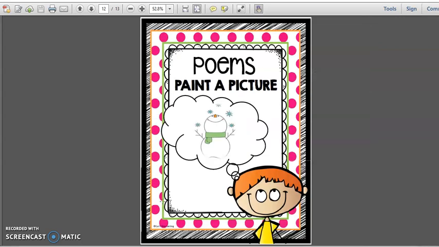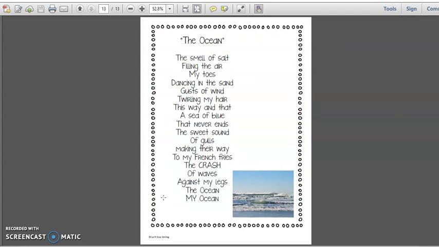So, poems paint a picture. We're going to read the following poem about the ocean. Think about the pictures that the poet is trying to draw for us.